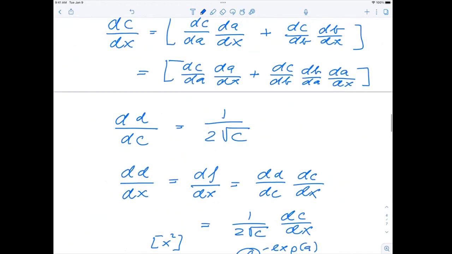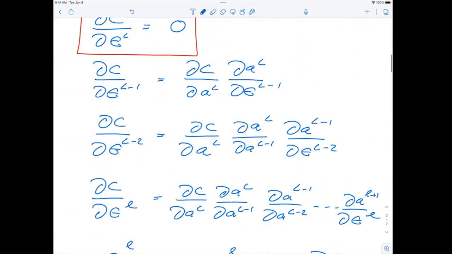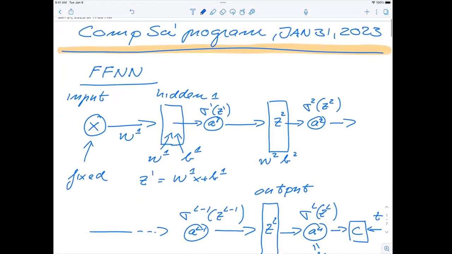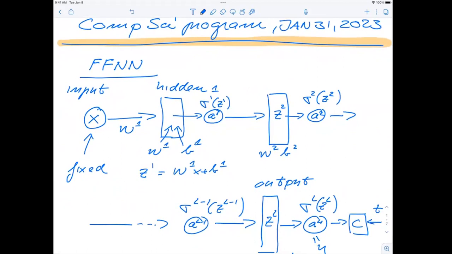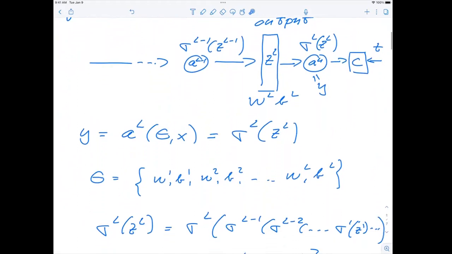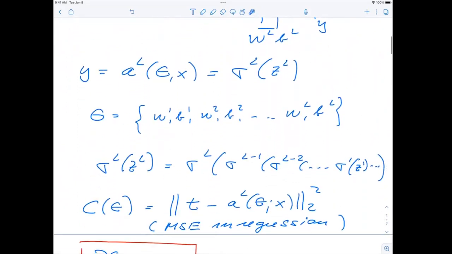When we are dealing with a neural network, the input variables which we are interested in are not the variables from the input layer, because these are fixed quantities. But the quantities which we want to vary in order to optimize the cost function are the weights and the biases. So that means that not this quantity, but we are going to start with taking derivatives with respect to these quantities, or as we call them, theta 1, theta 2, etc.